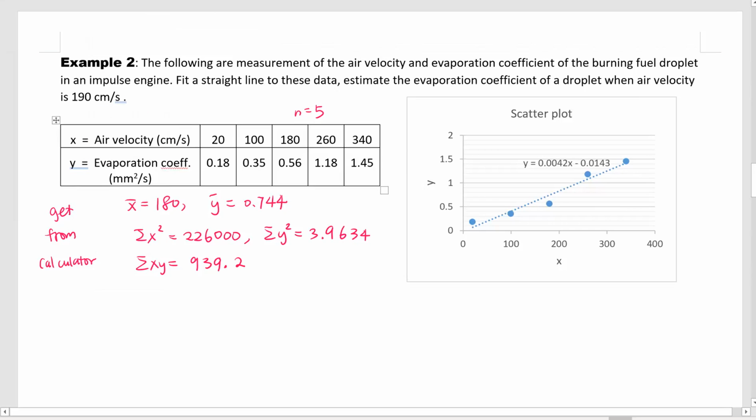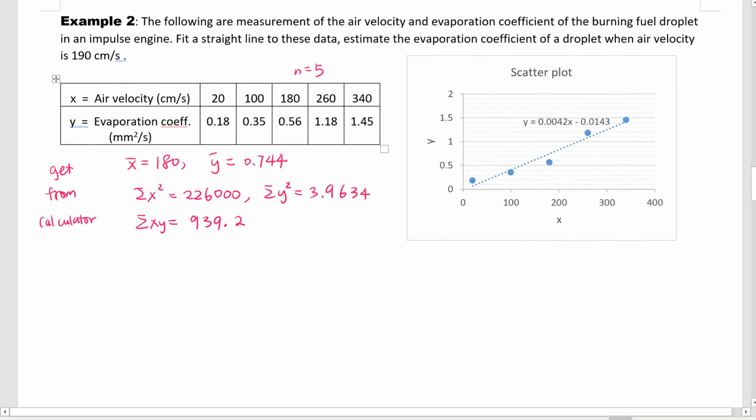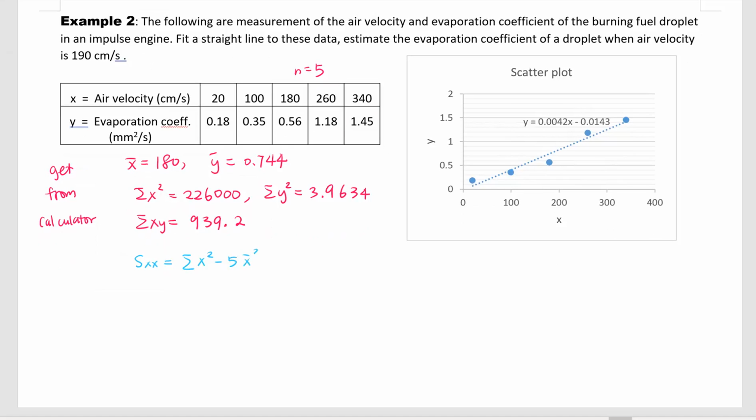So with those values, how can we calculate? Well, SXX is sum X squared minus N, which is 5, X bar squared. Sum of X squared is 226,000, 5, X bar is 180 squared. So plug this in our calculator, and what do you get? 64,000.